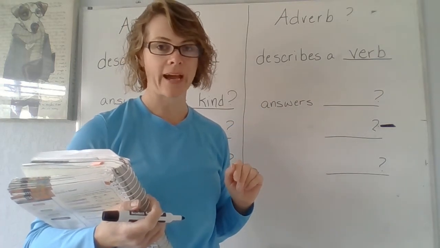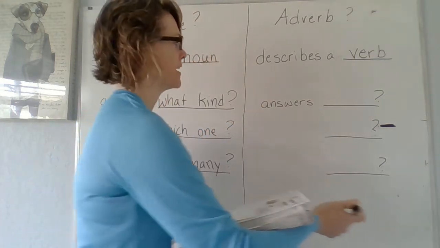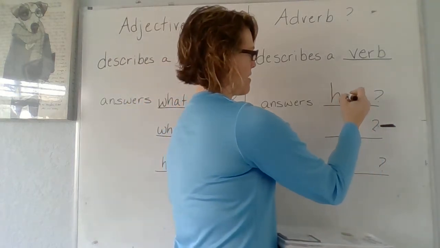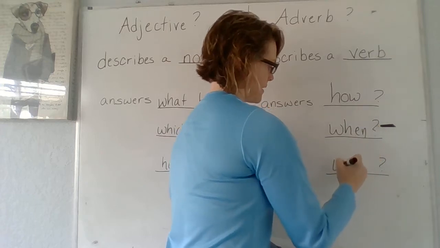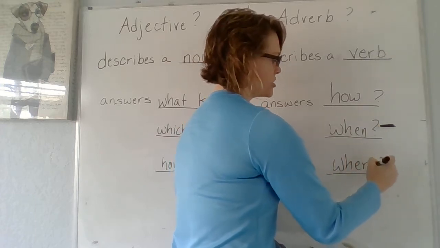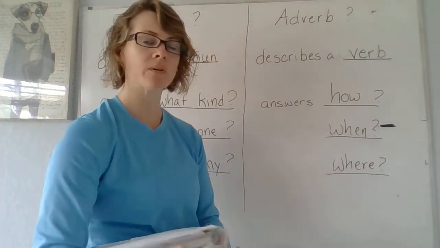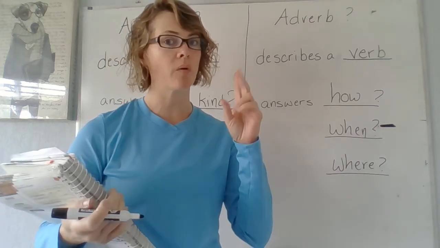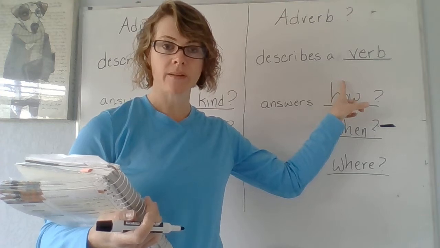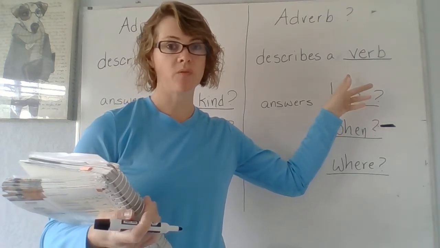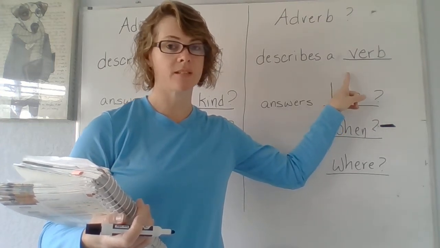An adverb asks, I can hear Wyatt saying it, how, when, where, and again, our jingle tells us how to find an adverb. To find an adverb, go, ask, and get. Where do you go? To the verb, adjective, or another adverb. So in 4th grade, you're just going to go find the verb in the sentence.